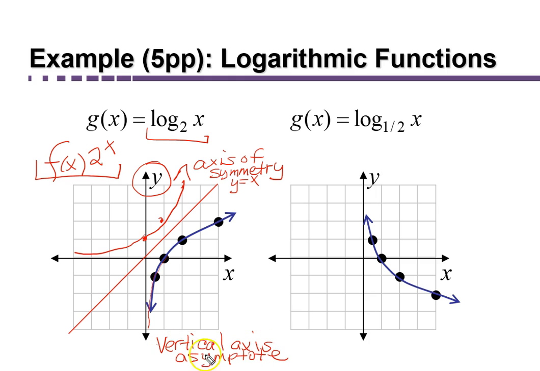The vertical asymptote is the y-axis. So lots of detail of math background.